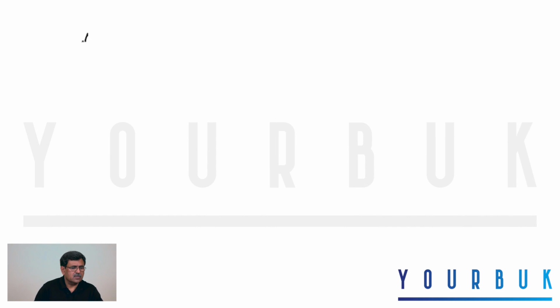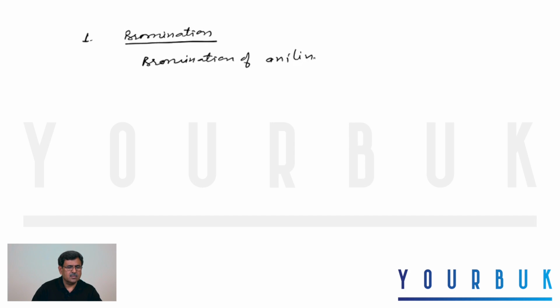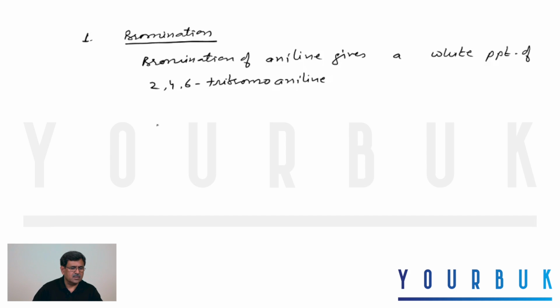So the first reaction is called bromination. Now since the NH2 group is strongly activating, bromination of aniline gives a white precipitate of 2,4,6-tribromoaniline, and this is the reaction involved.